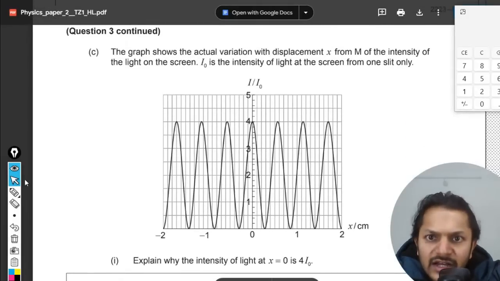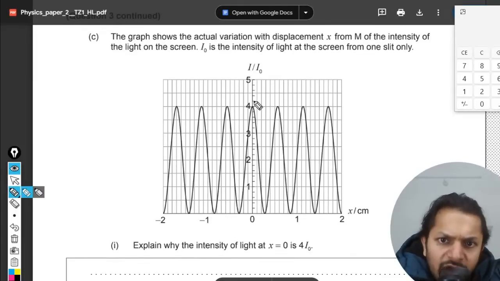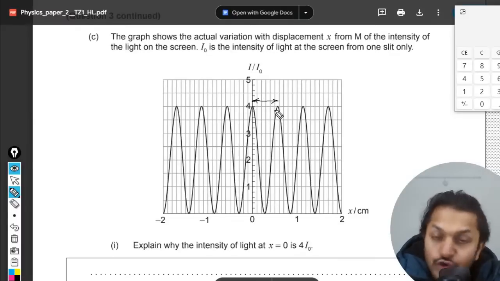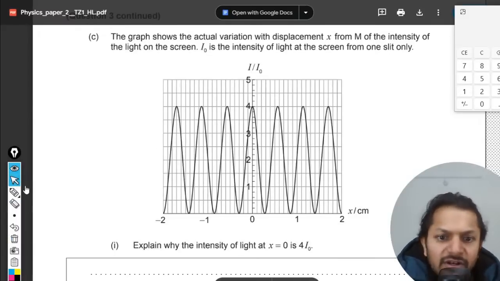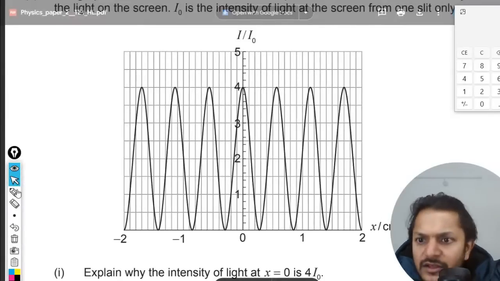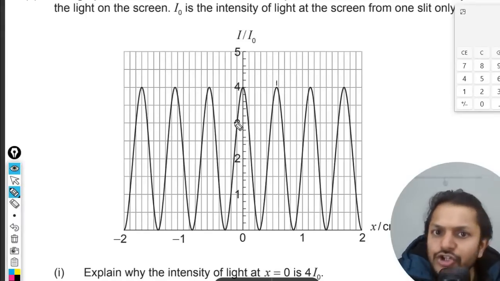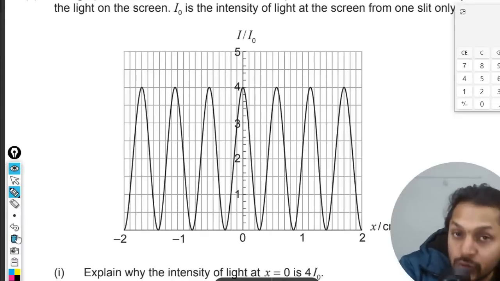So from this diagram, we are going to find this distance, but we cannot be very sure about what it is, because this is in between, you see. Let me maximize this. We are not sure about what value we should use here.